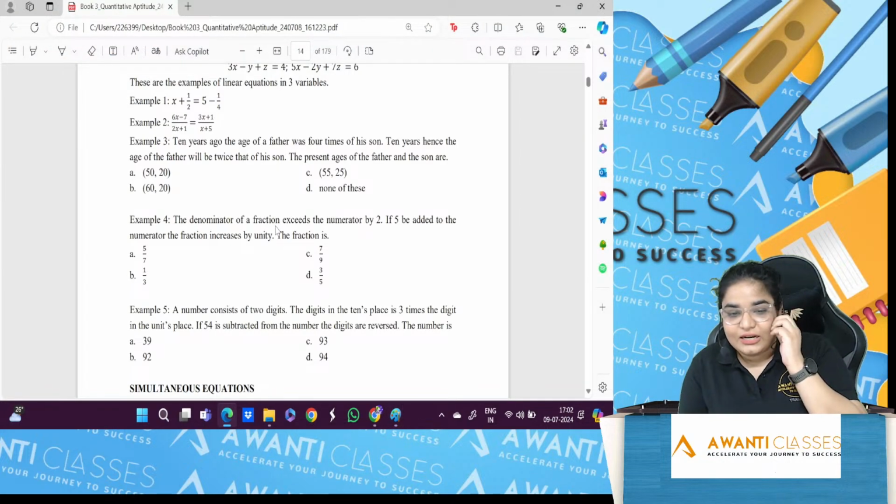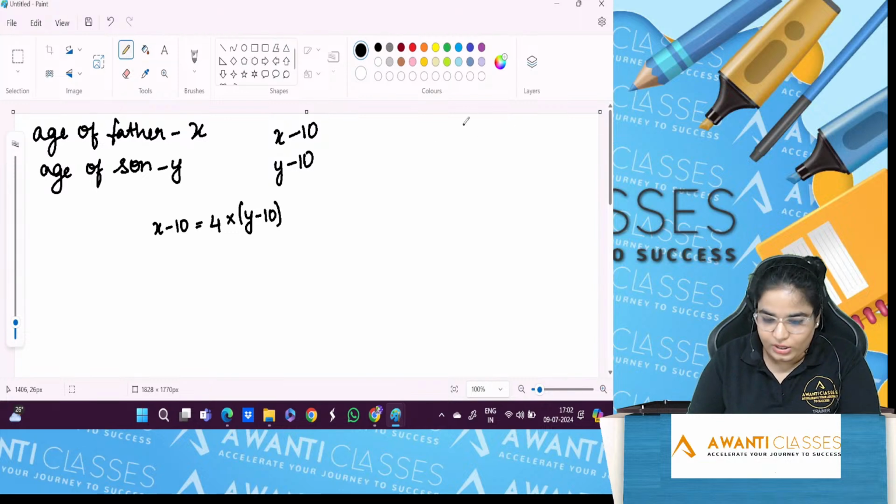Then what's the second equation? 10 years hence. Hence means from now, in the future.